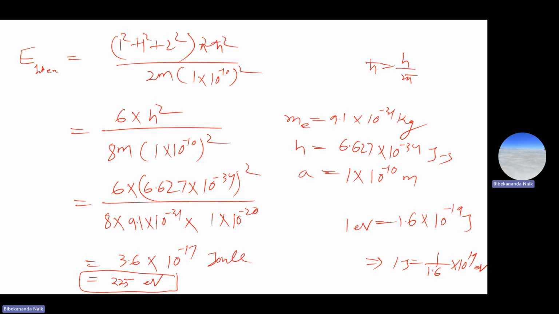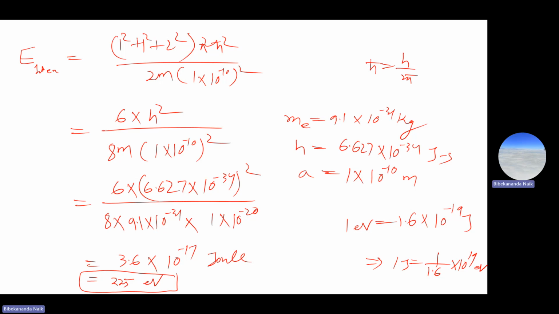Now in the case of the hydrogen atom, the ground state energy of the electron is only 13.6 electron volt. So you can clearly see that if the form of the potential is different, the energy value also changes. In the case of hydrogen, we consider a Coulombic potential, which varies as 1 by r.